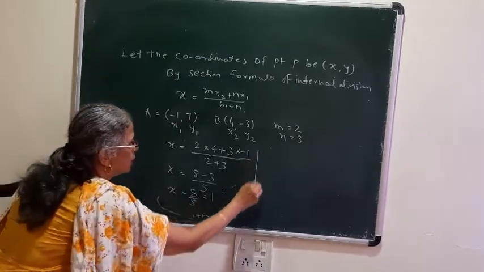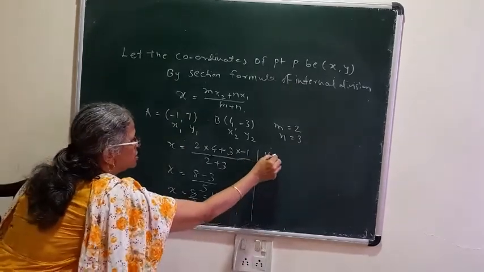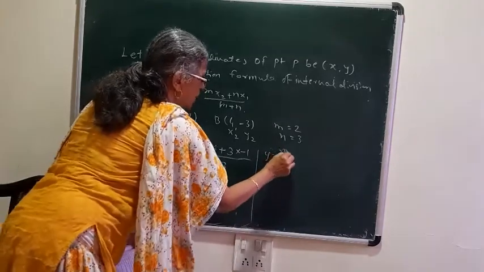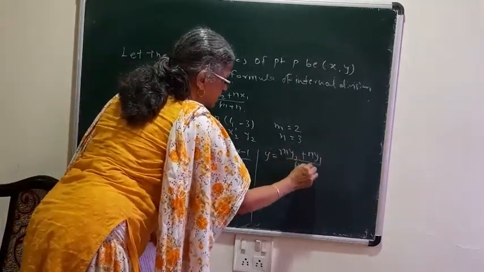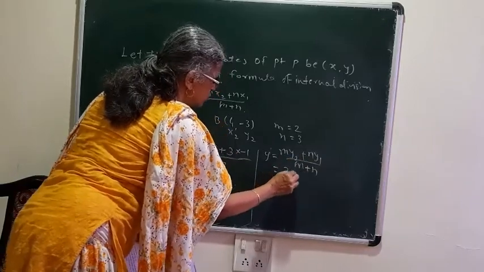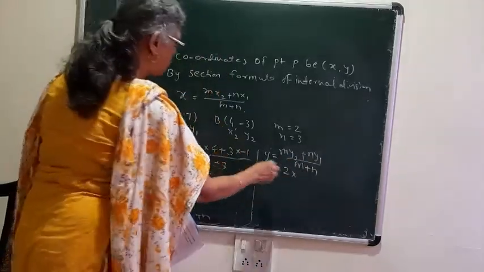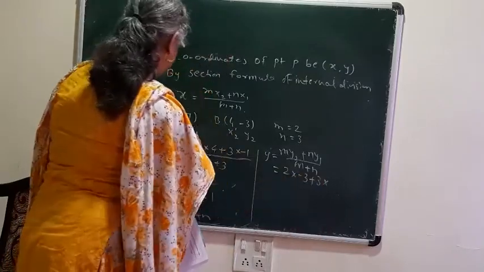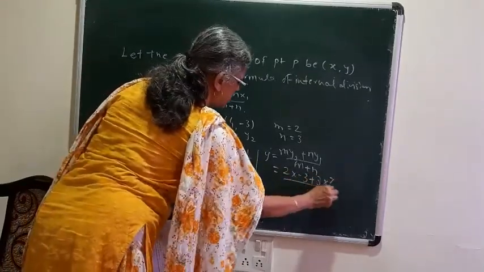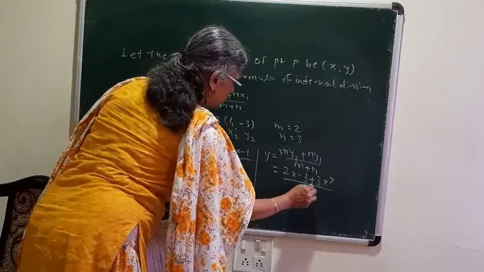Again we are going to find the y coordinate. So y is equal to m y2 plus n y1 upon m plus n. So m is 2, y2 is minus 3, n is 3, y1 is 7, upon m plus n, which is 2 plus 3.